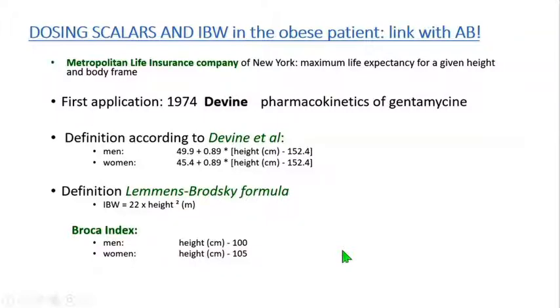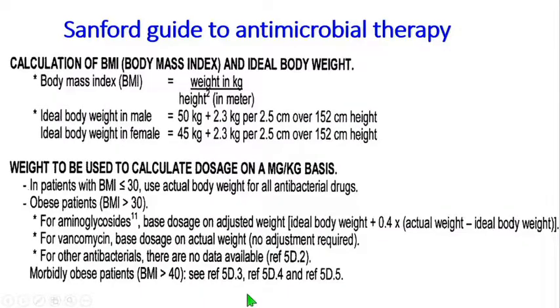And very interestingly, it was Divine who used the concept of ideal body weight for drug dosing of the toxic antibiotic gentamicin. And it's very interesting to see that even in the pharmacotherapy of antibiotics, the introduction of ideal body weight saw its use.